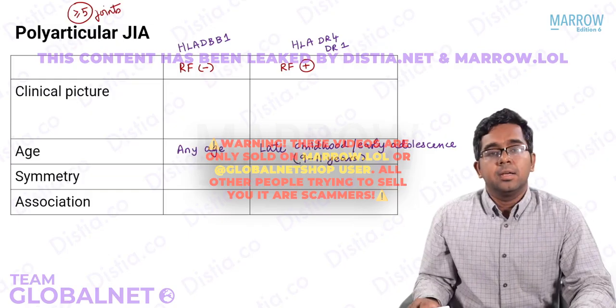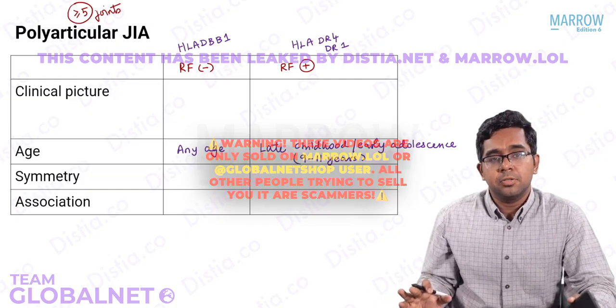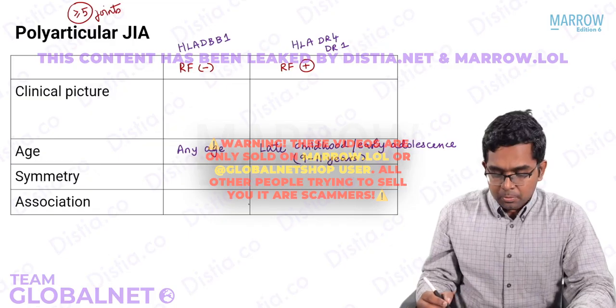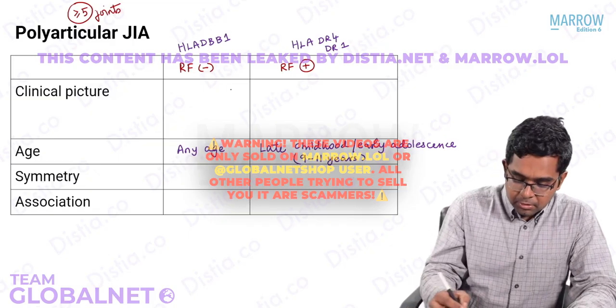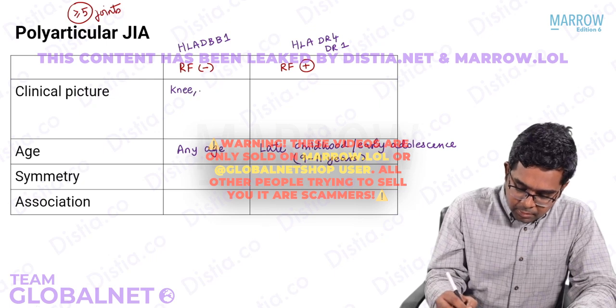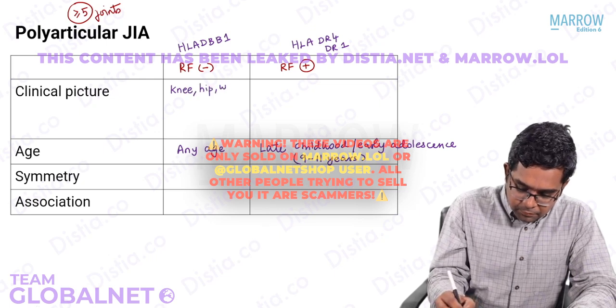Right. Clinical picture, of course, is the description of arthritis only. Remember, arthritis of the lower joints is commonly affected. In the rheumatoid factor negative variety, you have involvement of the knee, hip and wrist joint.